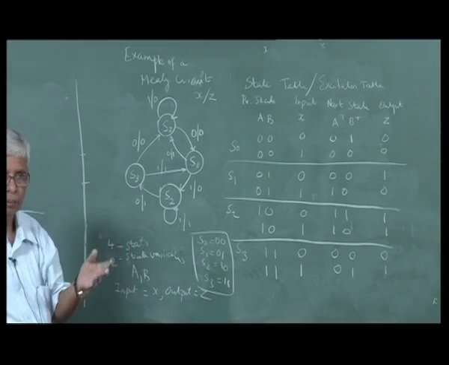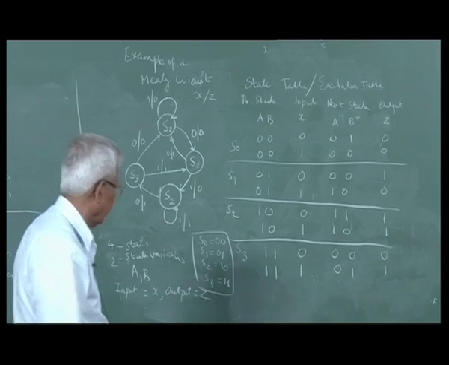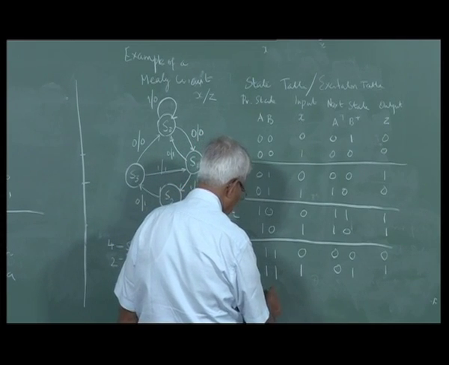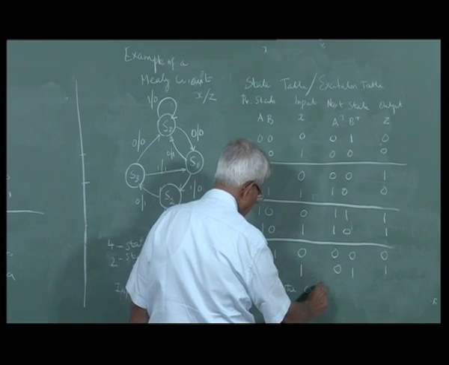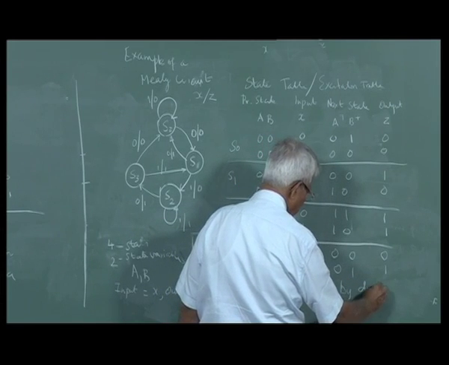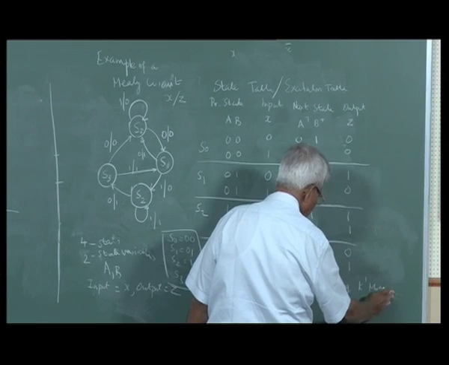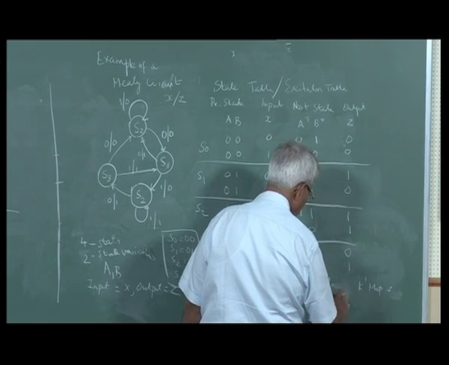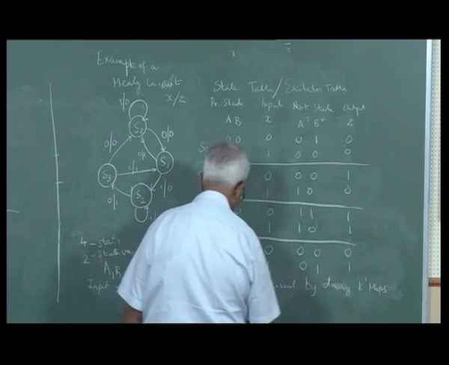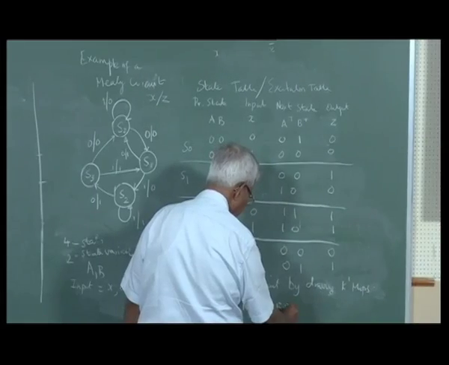Now I can draw Karnaugh maps for A plus, B plus, Z. I can use D flip-flop, and design the circuit by drawing Karnaugh maps for D flip-flop, T flip-flop, JK flip-flop.